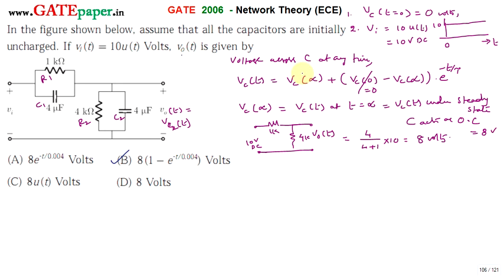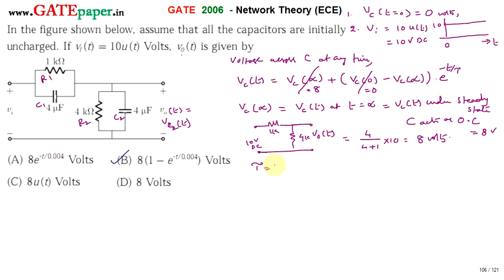So we have calculated this value, 8 volts, and Vc of 0 is 0 volts, and what we require is tau. Tau is called the time constant. The time constant is the product of equivalent resistance and equivalent capacitance across the terminals of interest. So across these output terminals, what is R equivalent and what is C equivalent?